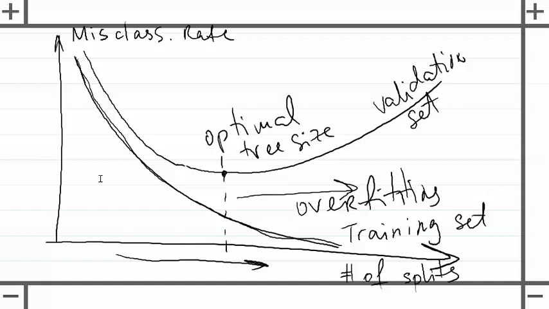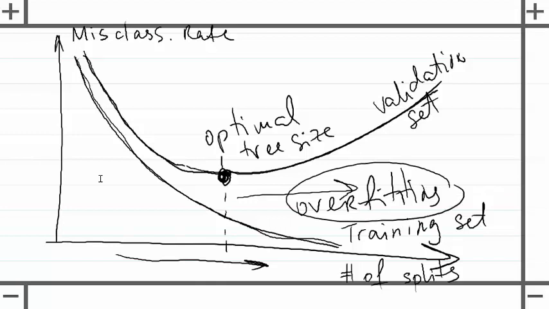The fewer errors I'm making. But at the same time, if I take this model and apply it to the validation set, the rest of my data set, initially the error rate will go down, but at some point it will hit the minimum point, and after that it will start going up. Why? Because I'm starting to overfit my data.